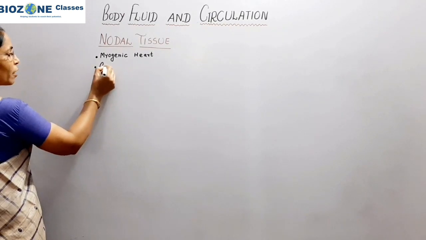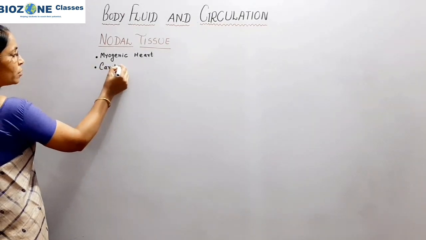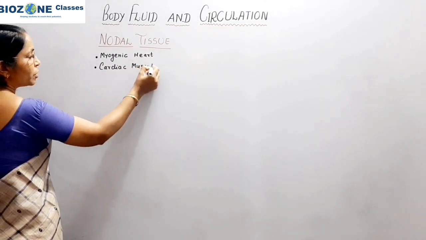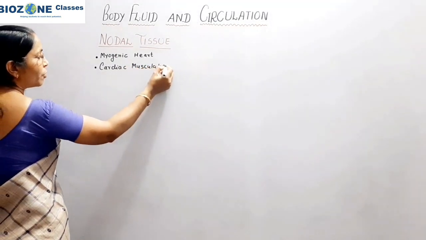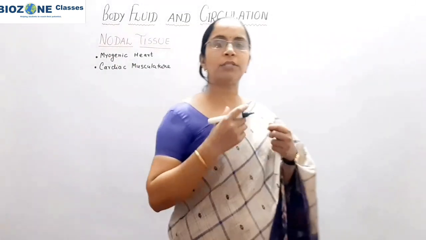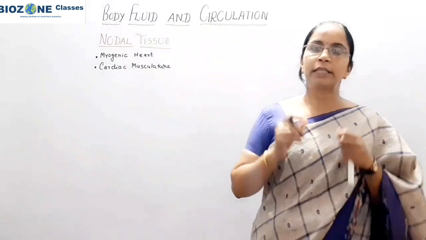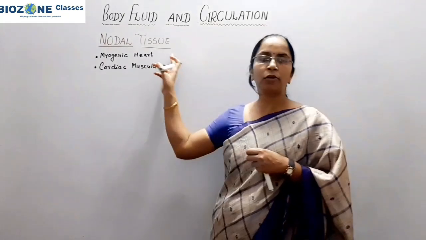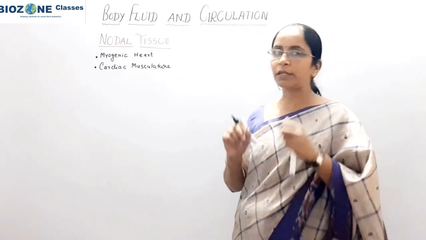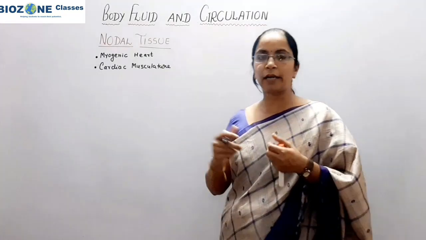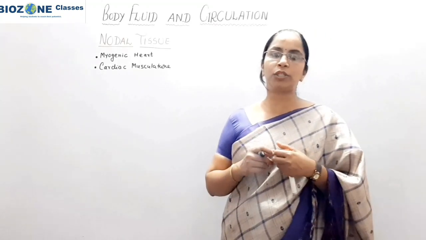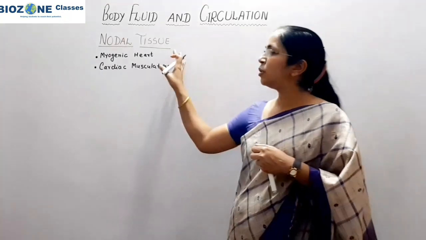This special cardiac musculature is responsible for the heartbeat, or we can say responsible for the diastole and systole. That musculature is called nodal tissue. So remember, the cardiac tissue having the power to generate action potential is called nodal tissue.